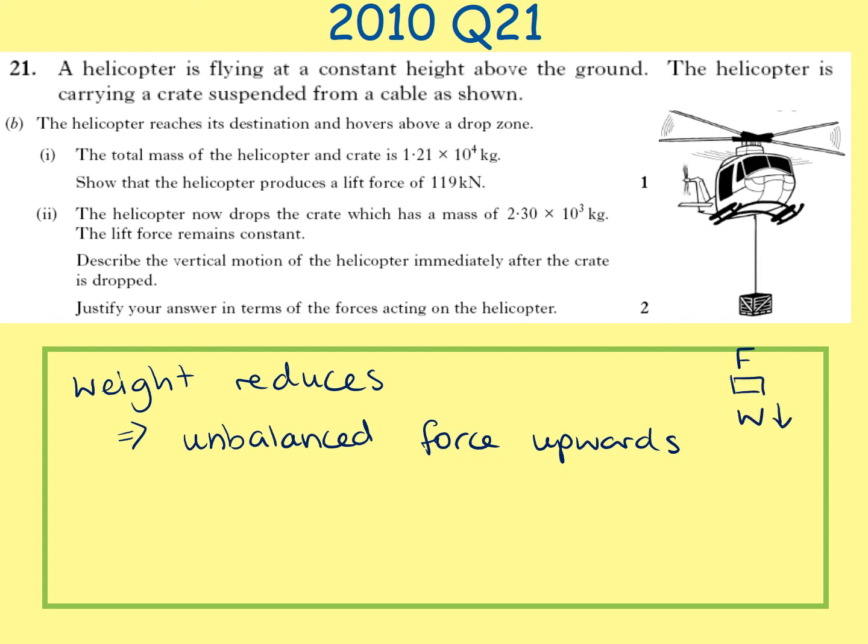If this decreases, then this as a whole is going to move upwards. So we can say because of the unbalanced force upwards, there is going to be an upwards acceleration. So we just described the vertical motion of the helicopter, as in this upwards acceleration, and we justified it in terms of forces. We said the weight reduces, and therefore there is an unbalanced force upwards.